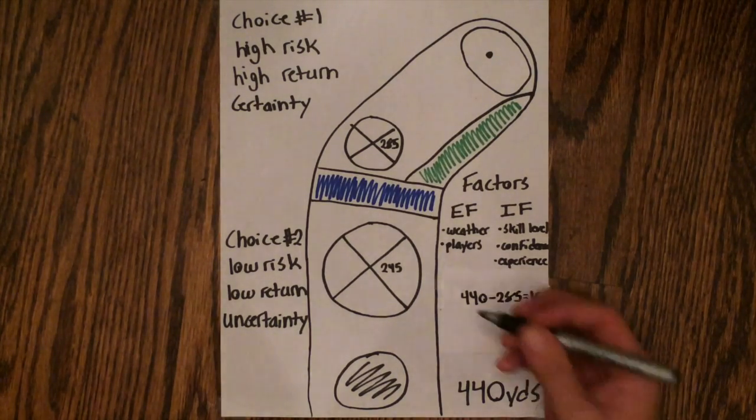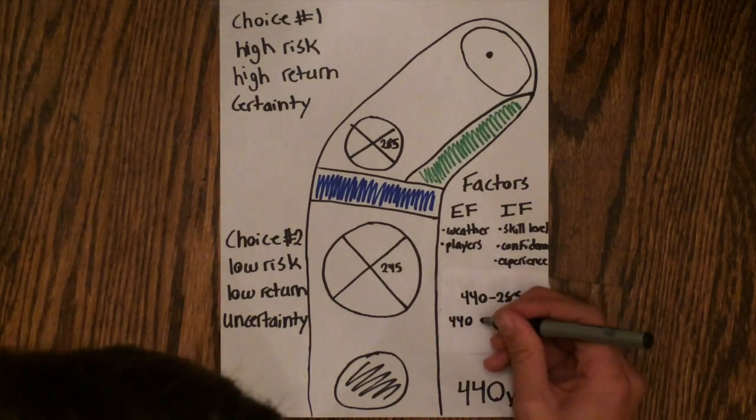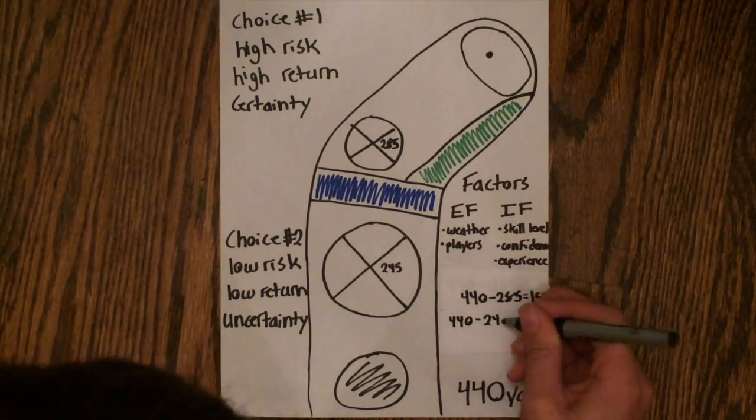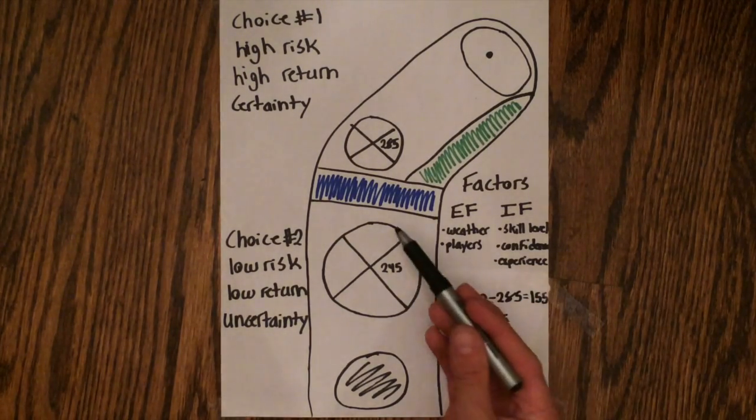And let's take 440 again and subtract 245, which is the necessary distance to land within this landing area.